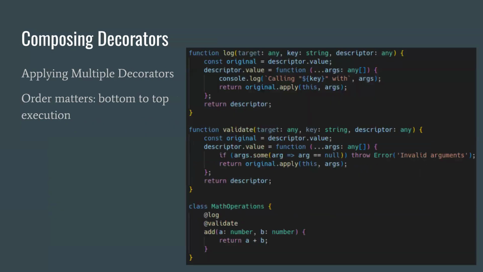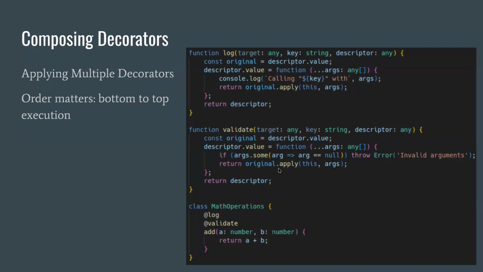Composing decorators. Decorators can be stacked or composed together. When multiple decorators are applied to a declaration, their evaluation is straightforward. They are applied from bottom to top and executed in reverse order.